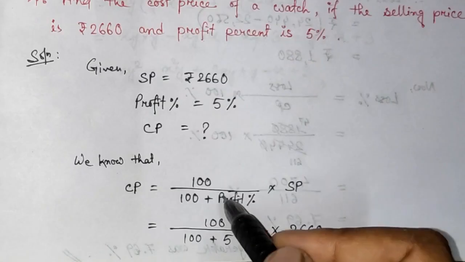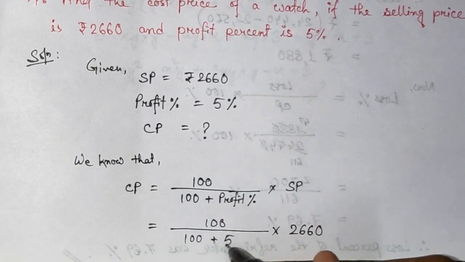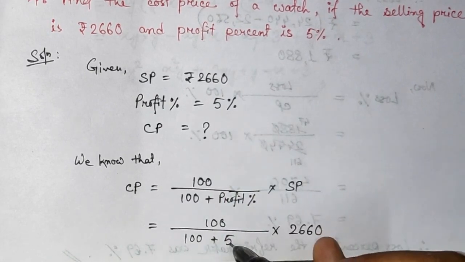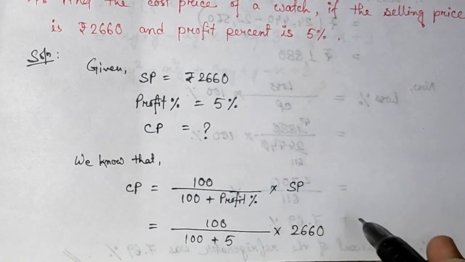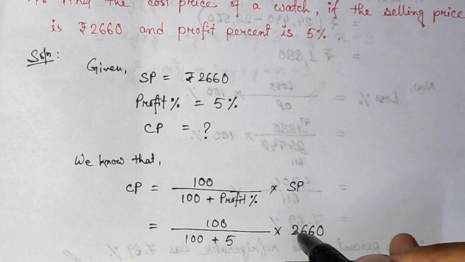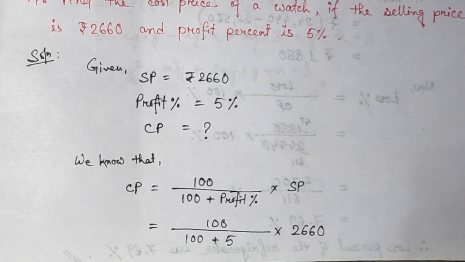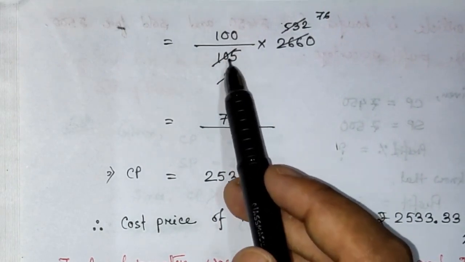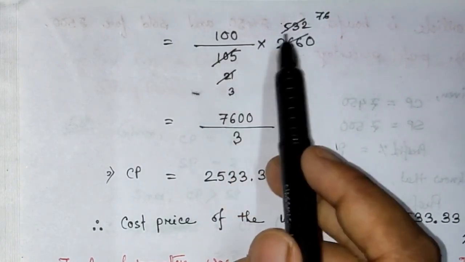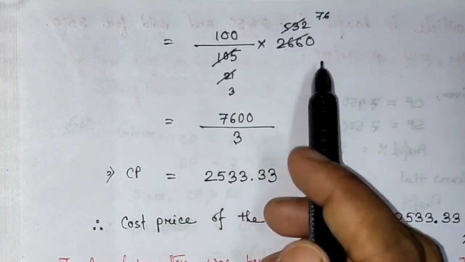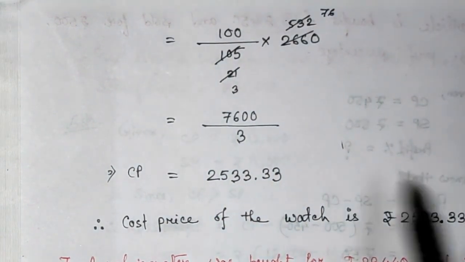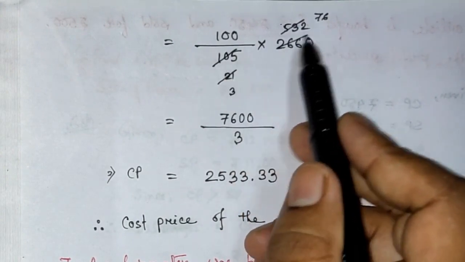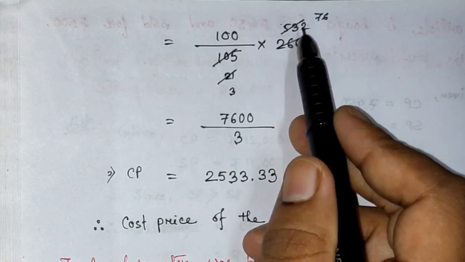Now put the values. 100 by 100 plus profit percent, which is 5%, so you only put 5 here, multiplied with SP, which is 2660. Next we add them: 100 plus 5, that is 105, multiplied with 2660. Cancel out with 5, that is 21, and cancel out with 5, we will get 532.